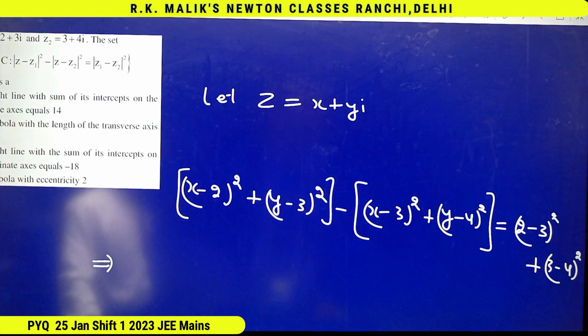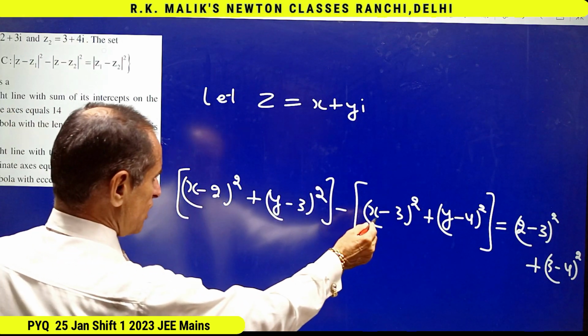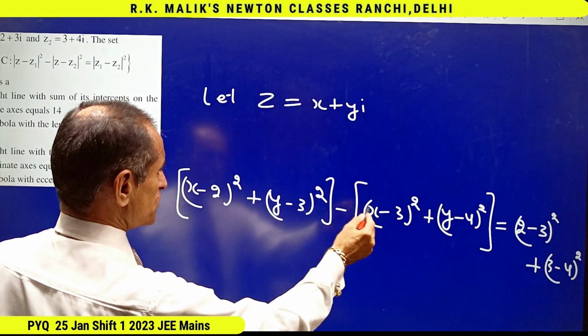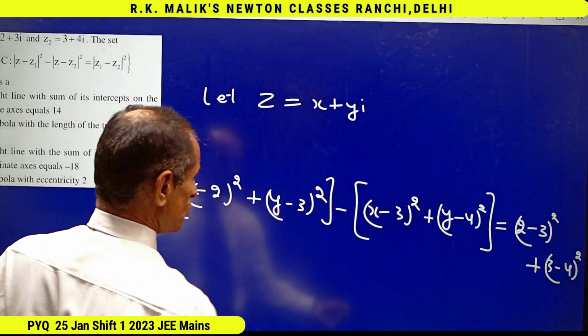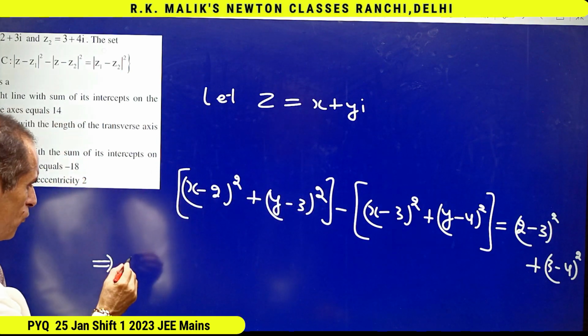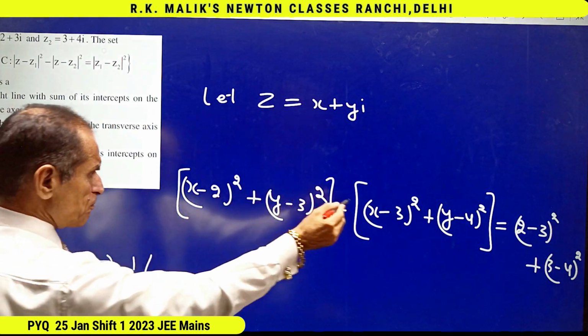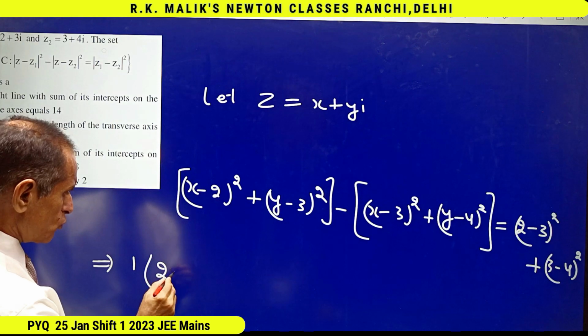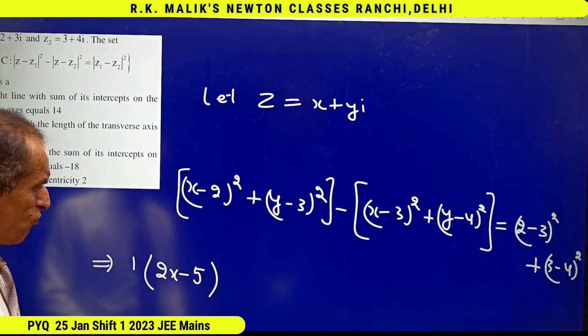This implies that in this I use the formula of a square minus b square, and in this also I use the formula of a square minus b square, and this minus this will give you 1, and this plus this will give you 2x minus 5.